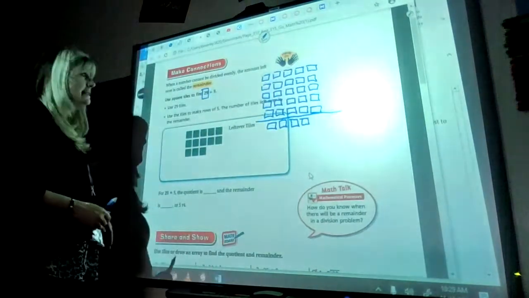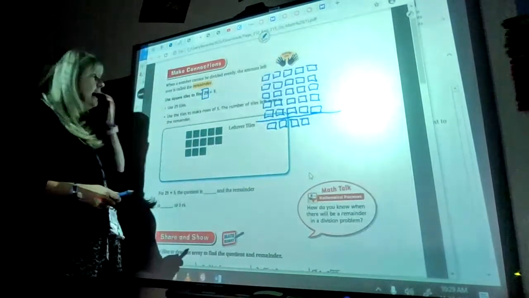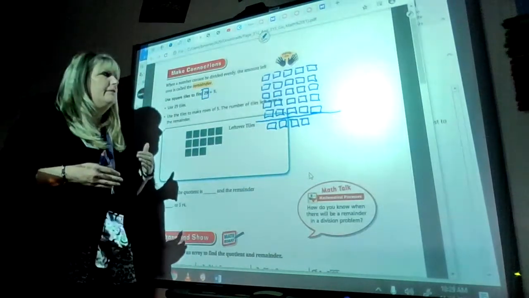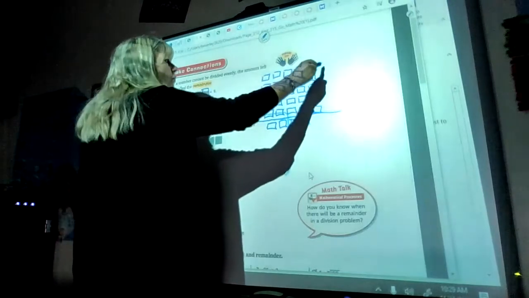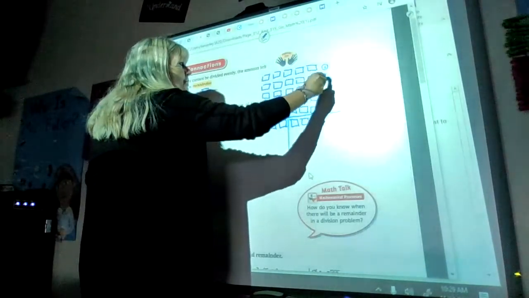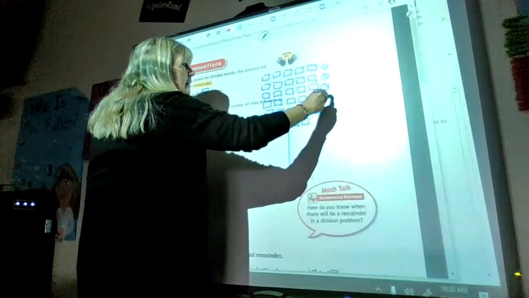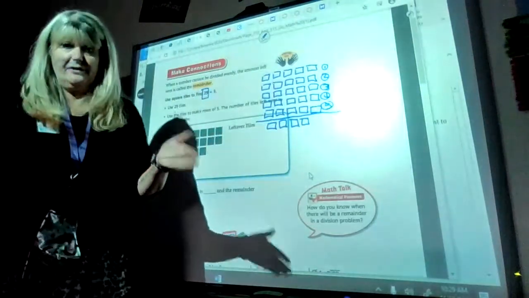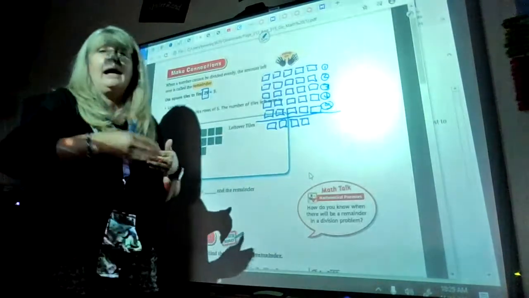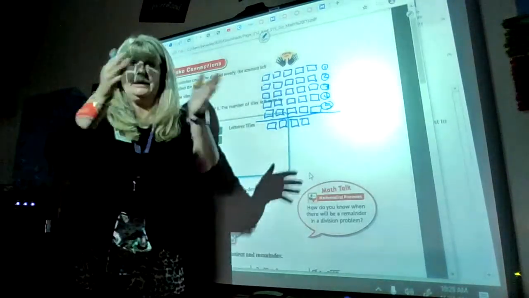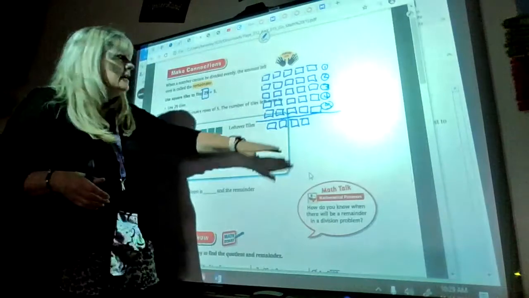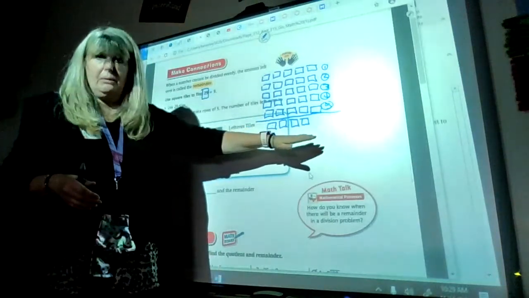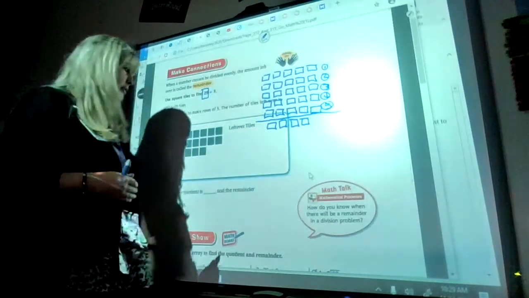So when I look at this, I see 29 divided by 5. There are 5 groups of 5. I could make 5 groups and put an equal amount of 5 in them, but I had 4 that were left over, 4 that are considered the remainder.